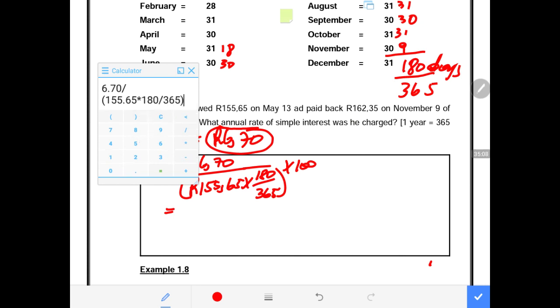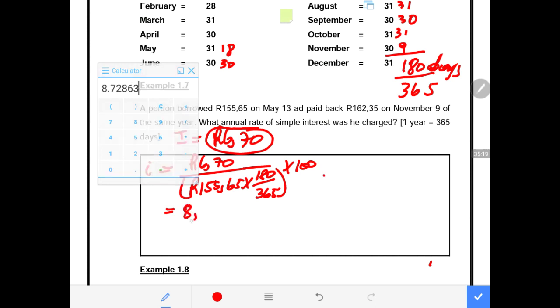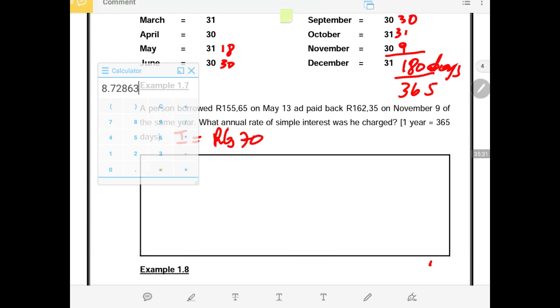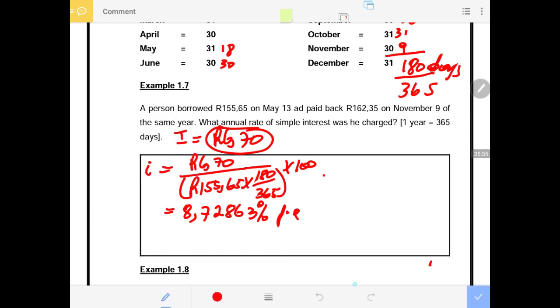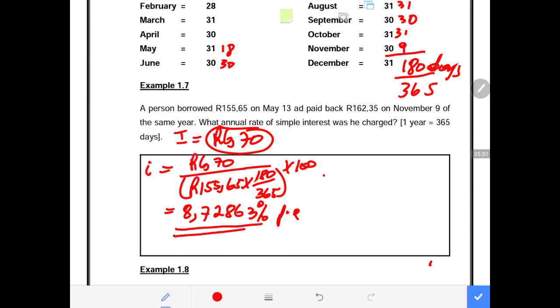Then we close our brackets, and this gives us 0.8 something, multiplied by 100. Then we get 8.72863% per annum, because we're required to calculate it per annum. So we have calculated that interest, which was a requirement.